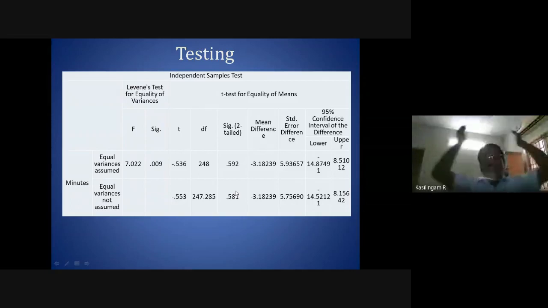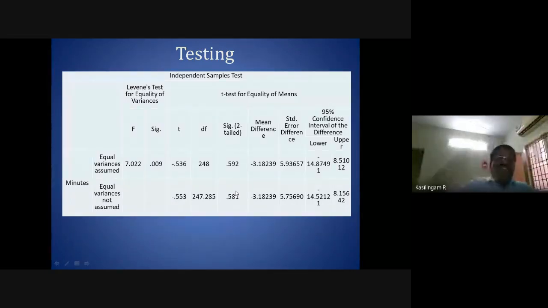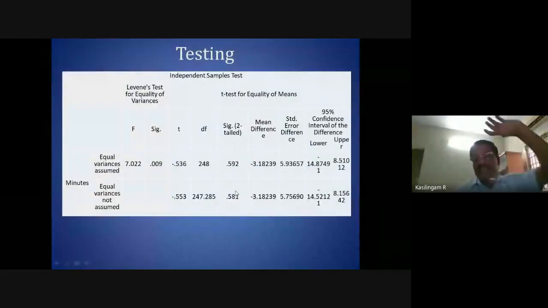Boys are also talking, girls are also talking, all are talking. So we cannot tell whether boys are talking more or girls are talking more. Both are the same, which means the means are the same, the difference is approximately 0.